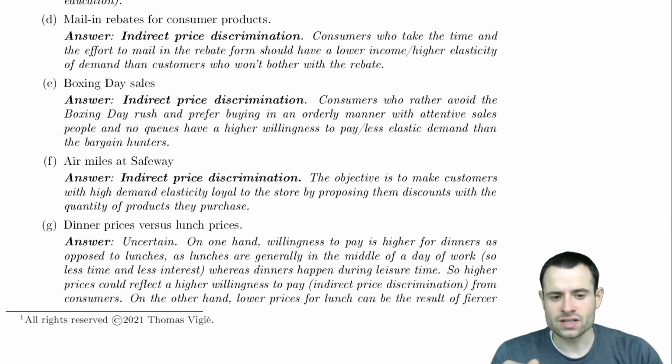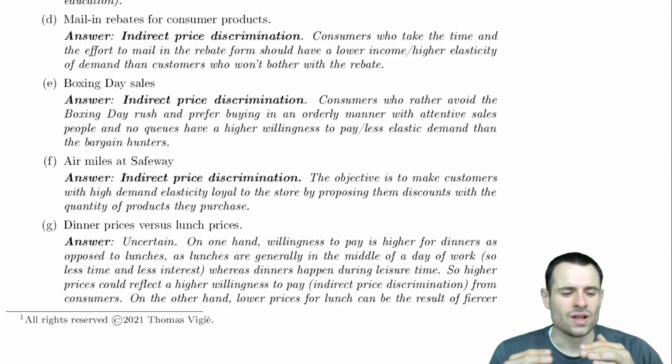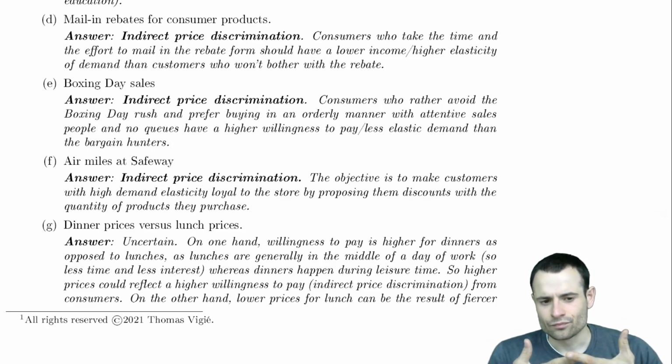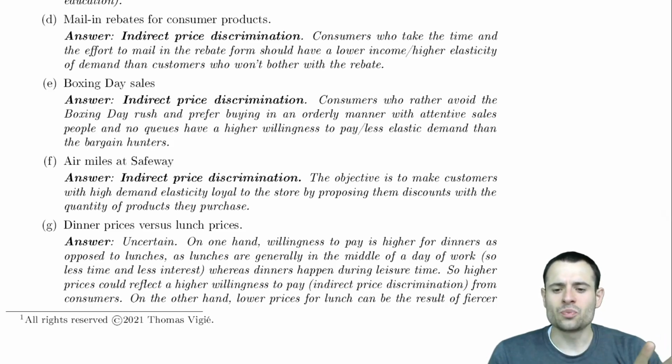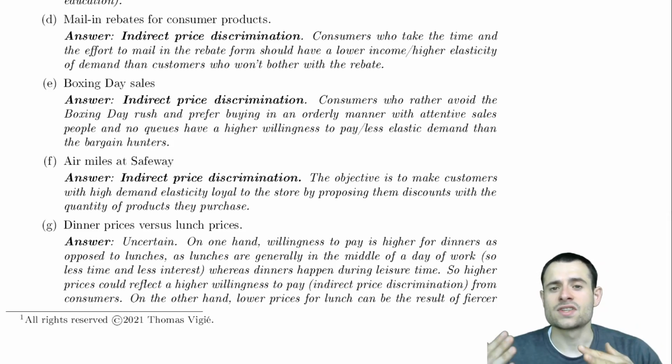What about dinner prices versus lunch prices? Dinner prices in general are higher than lunch prices, even in the same restaurant, even for the same dish. Well, there are many things at play here, so it's actually uncertain. On one hand, willingness to pay is higher for dinners as opposed to lunches in general. The idea is that lunches are generally in the middle of a day of work, so there's less time, there's less interest.